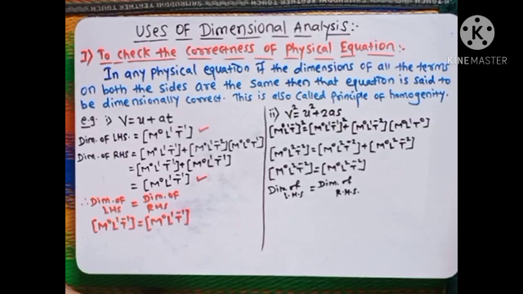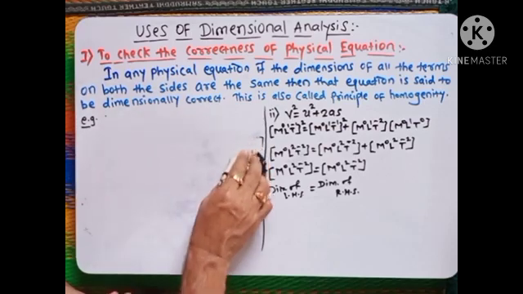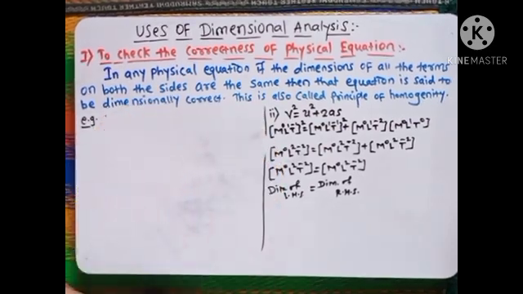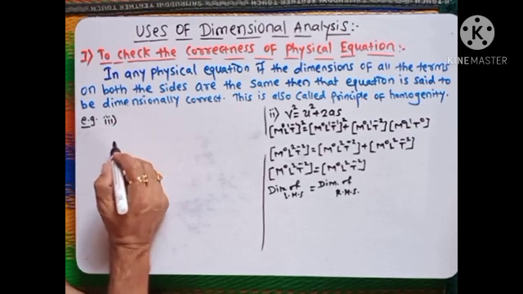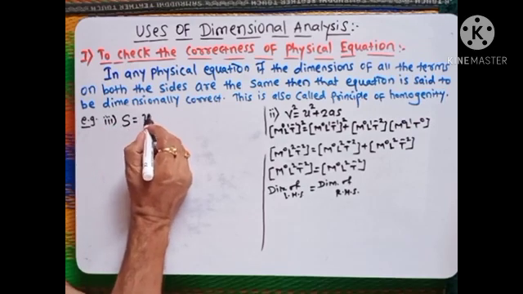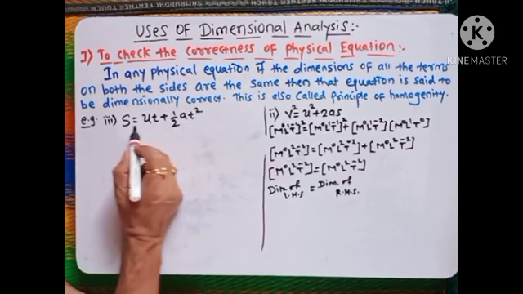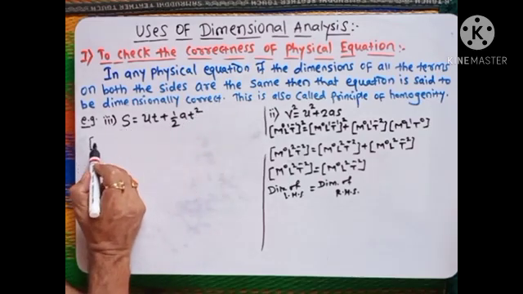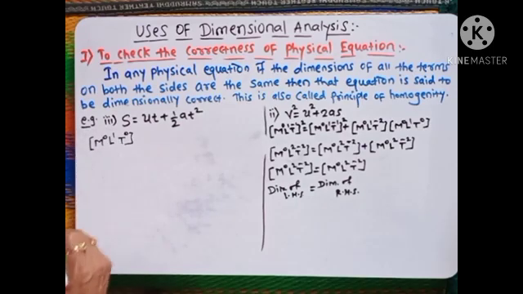Now the third example. The third kinematical equation, you know, is S equals ut plus half AT square. Here S is displacement, so M0 L1 T0 is the dimensions of LHS.